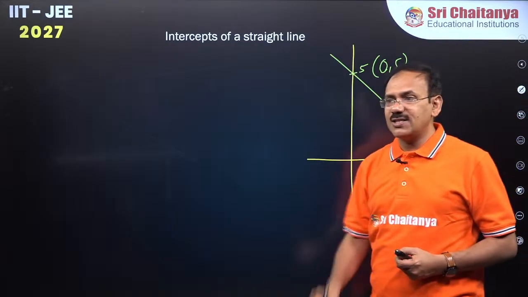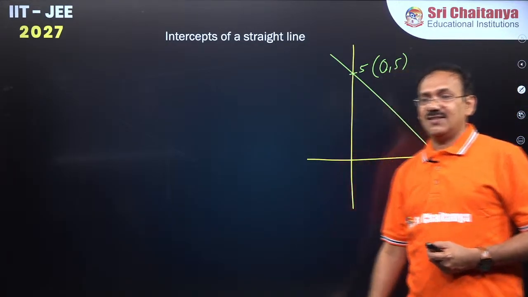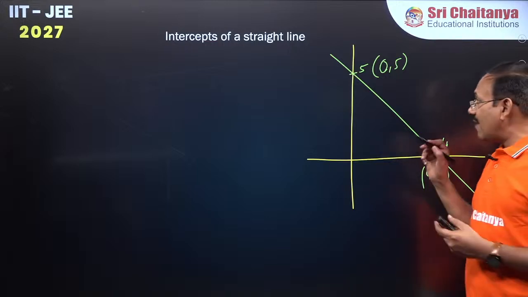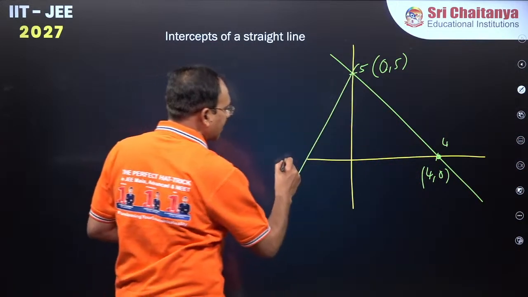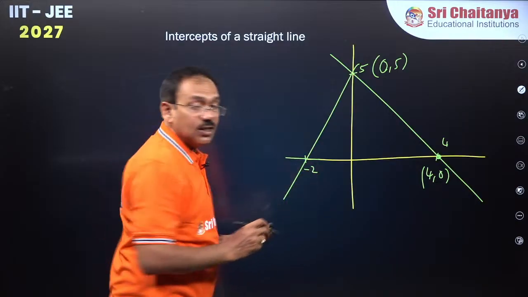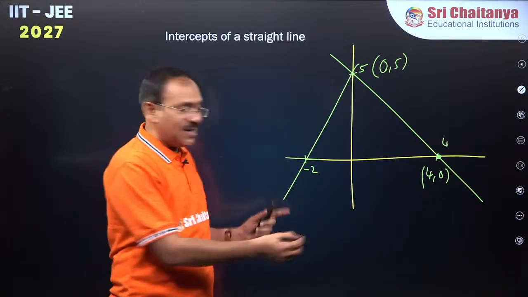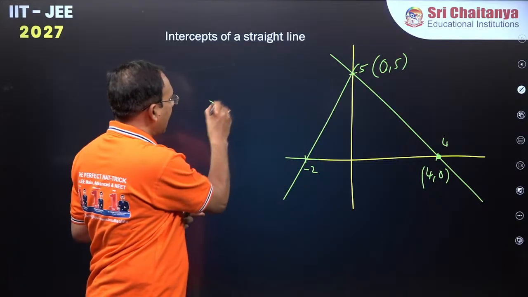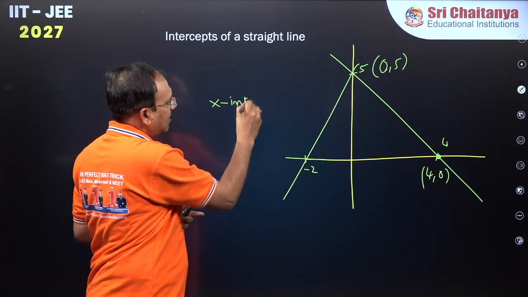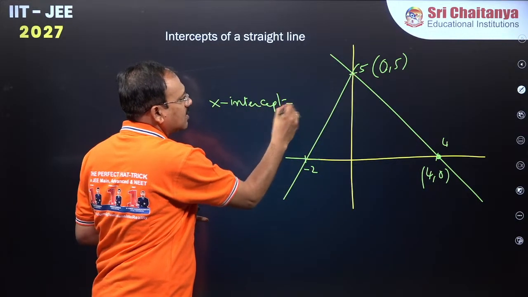Got it, dear students? So, suppose there is another line which cuts the x-axis at -2. Don't say that the intercept is 2, the intercept is -2. For this line, the x-intercept is -2.